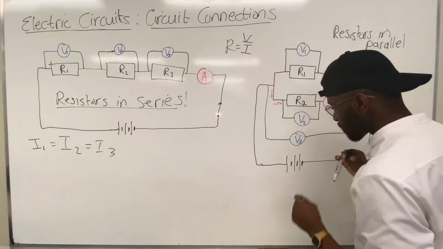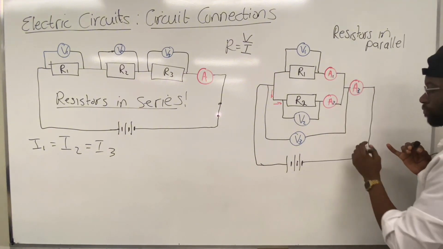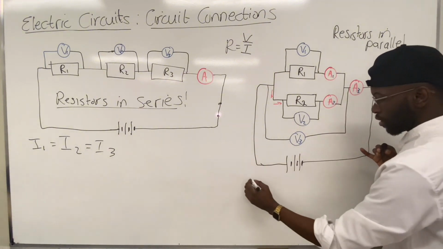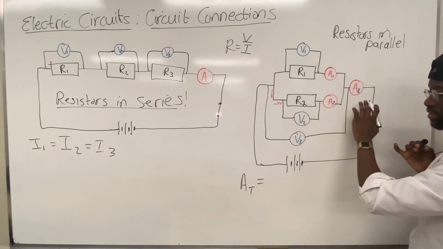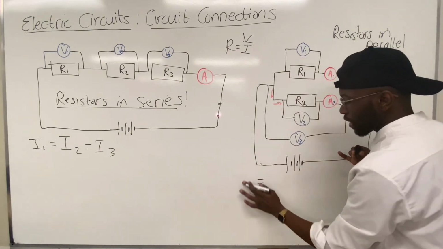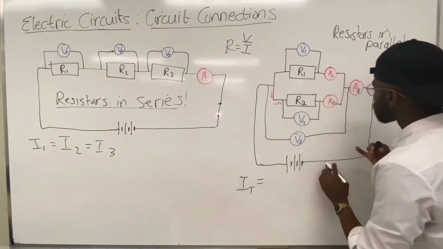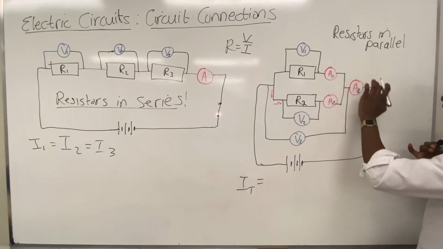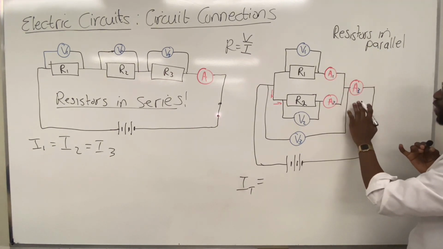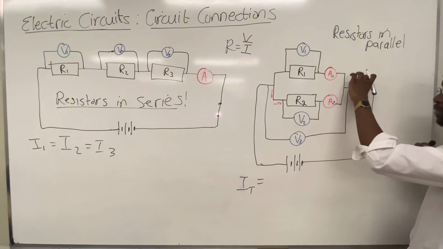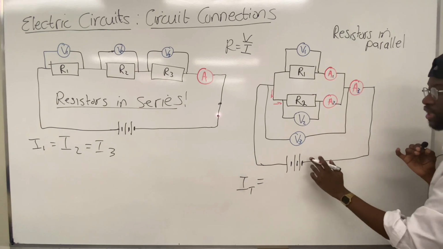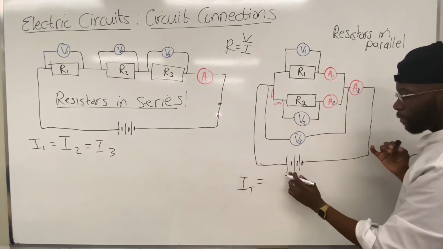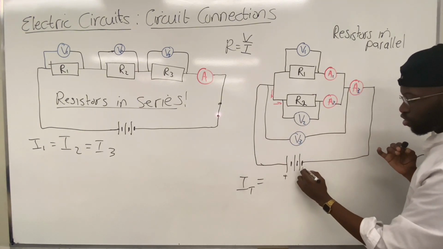So to find the total current, let's use I. The total current, remember this is an ammeter that measures the current. To find the current of this ammeter, which is the total, because even if they split, remember it goes from positive to negative.